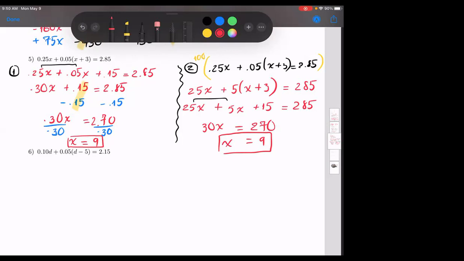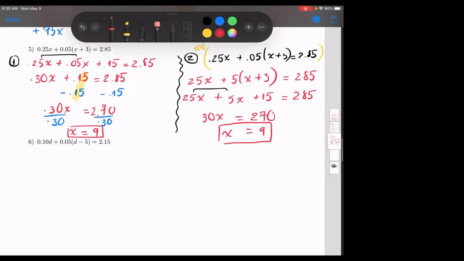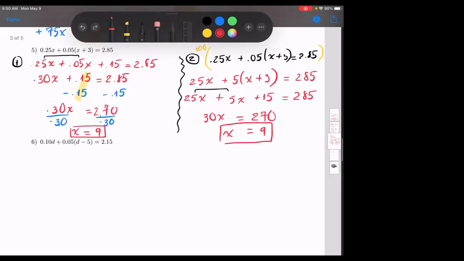Which method did you use? Together decimal, okay, all right, me too. 0.1, by the way, 0.10 is the same thing as 0.1, right? Plus 0.05D minus, is it 0.25? Equal 2.15.